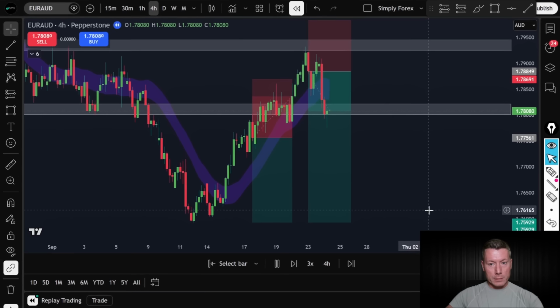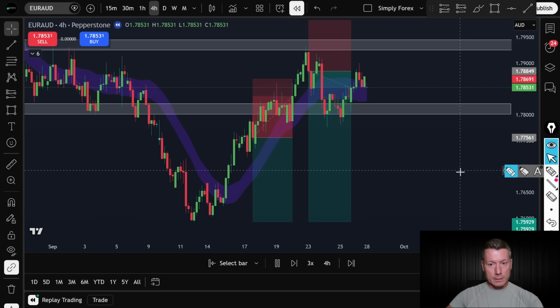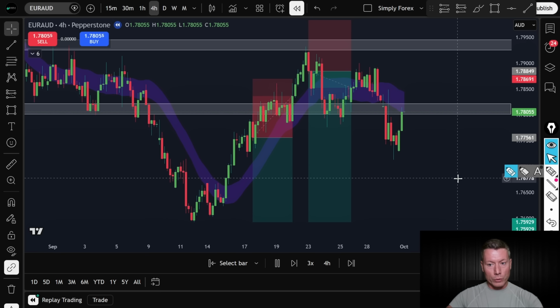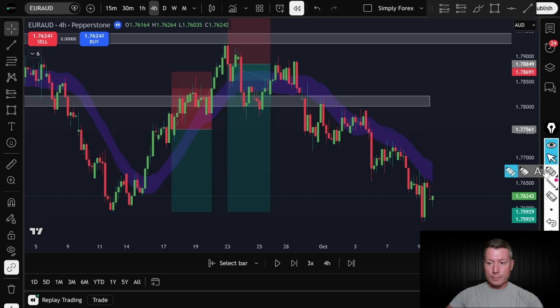So we know that this was a good daily resistance level. We're getting the reaction we want. And eventually, I remember this being a very nice trade. Eventually, price comes down, we've hit target at this low.